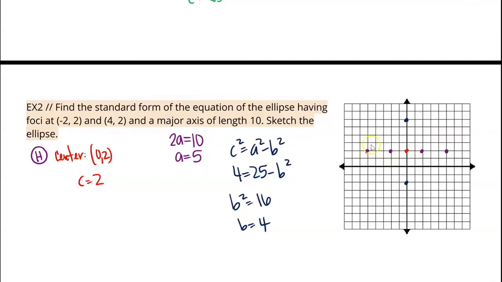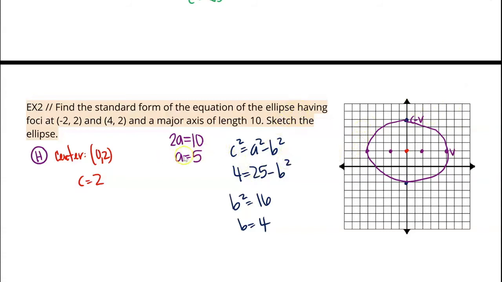There we go. So here are the vertices, and these guys would be the co-vertices, and then I can sketch this. It's something like that. That's not super round, but we'll live.